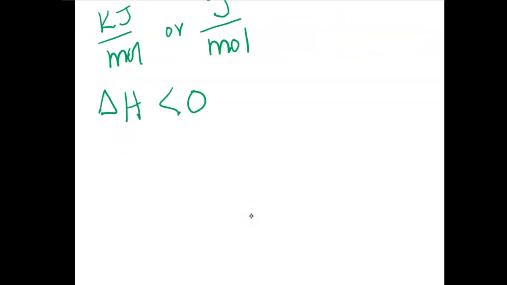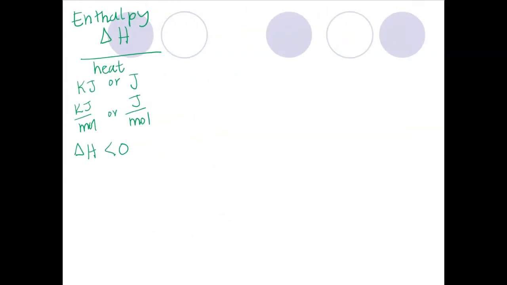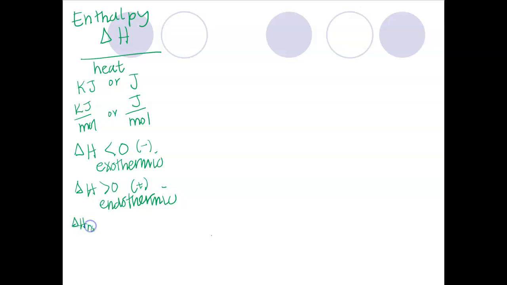Okay. When we have an enthalpy, the delta H value could be less than 0, which means negative, and that word is exothermic. That describes that. It means the heat is exiting, the heat is being released. Delta H could also be greater than 0, so the number could be positive, and that word is endothermic. And the ways we can solve for that, well, delta H of a reaction is going to be H products minus H reactants.